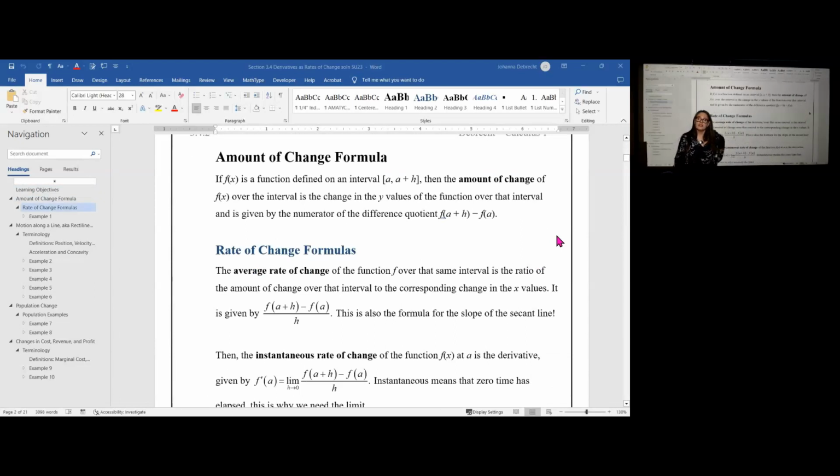In the amount of change formula, we're actually pulling apart a little bit the slope of the secant line formula. That is the difference quotient. It's not going away for some time to come.